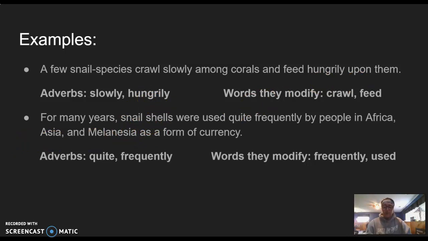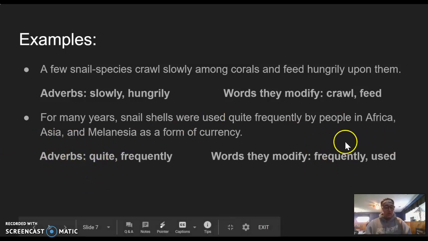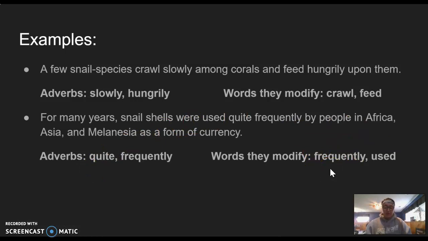Okay, next example. For many years, snail shells were used quite frequently by people in Africa, Asia, and Melanesia as a form of currency. If we look at our first adverb, quite, and go to frequently, we notice that we're drifting out of the category of adverbs modifying verbs and going into adverbs modifying adverbs.